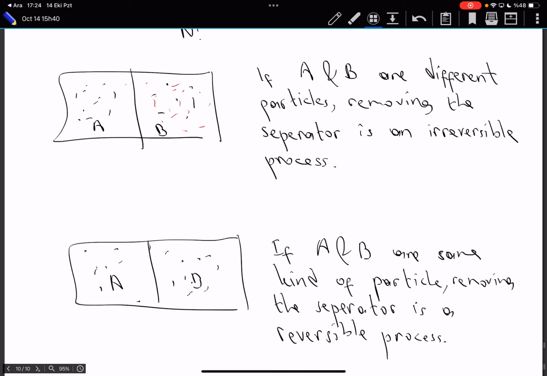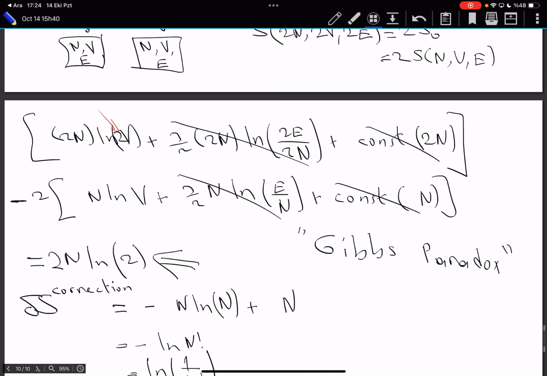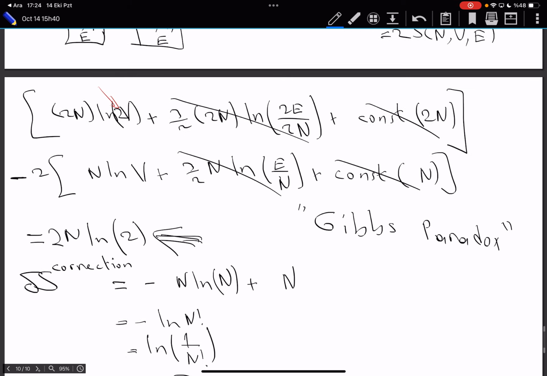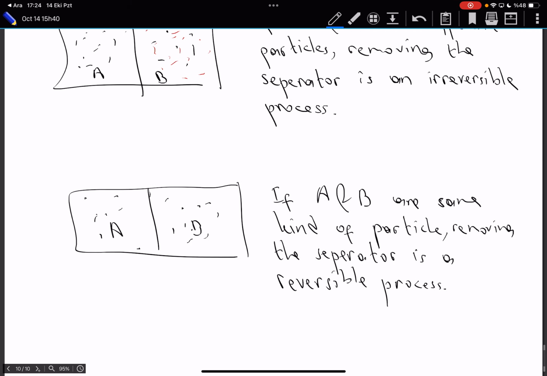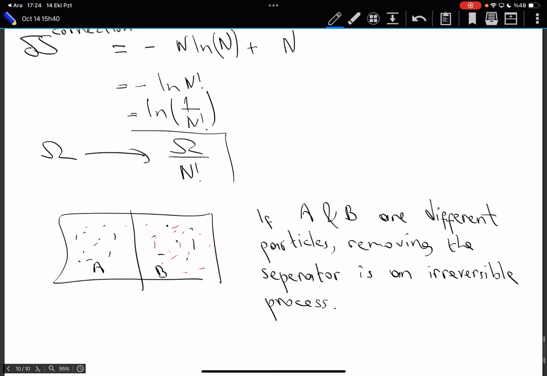So if you have different kinds of particles, entropy should increase. In fact, the increase will be given by an expression of this, which is called the entropy of mixing. But if they are identical particles, the entropy should not increase. And in fact, with this correction, it does not increase.